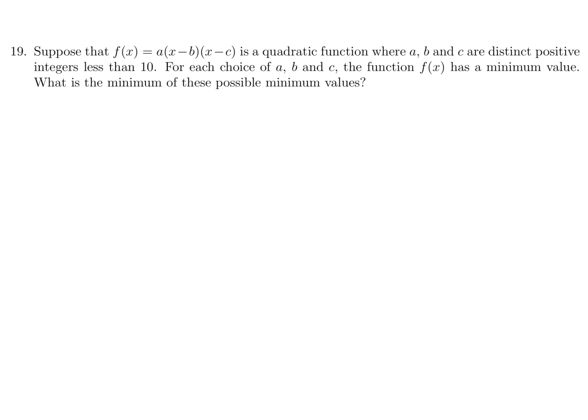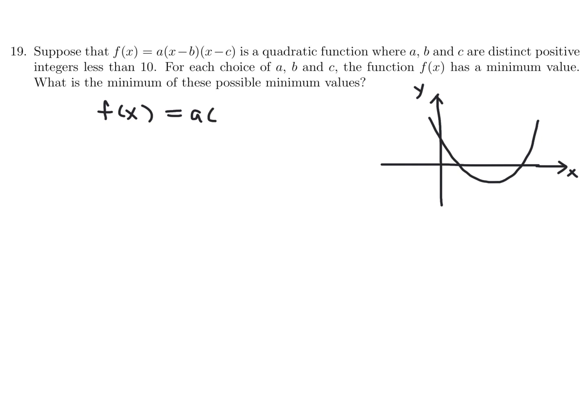All right, so we've got this quadratic function, and I have no idea what it looks like, but let me just make a guess. Something like this, right? This is x and this is y, and it's been written in a way that we can easily figure out the roots.